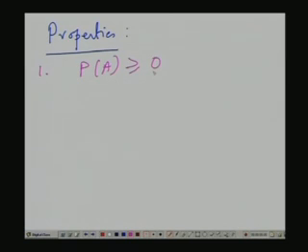It should be greater than or equal to 0. Then, the probability of the total event, that is the certain event S, must be 1.